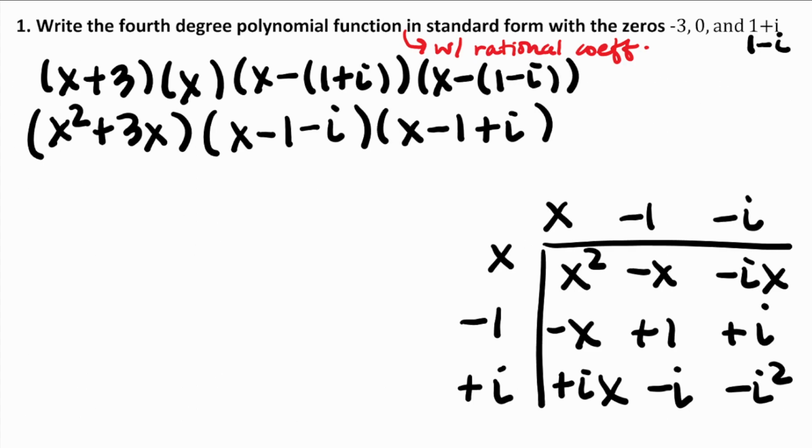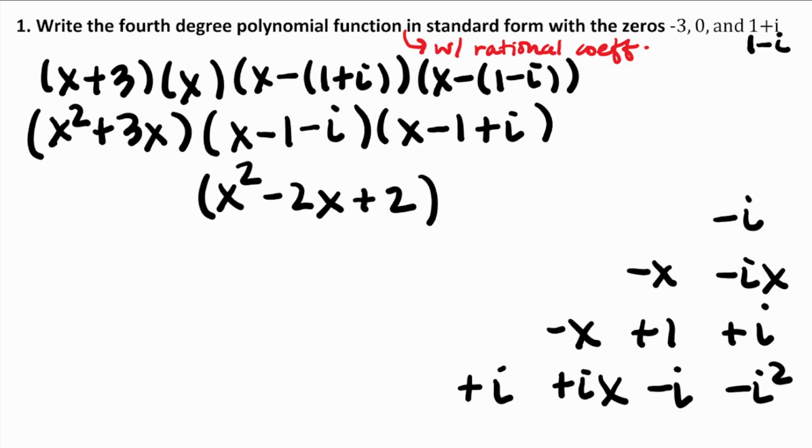I'm going to have an x squared. X's, I'd have -2 of them. And I'd have plus 1 minus i squared would be plus 2. Okay, that's what we're looking for there. And just like always, when we bring in the conjugate and we multiply that out, all of the stuff with the i's just cancels off.